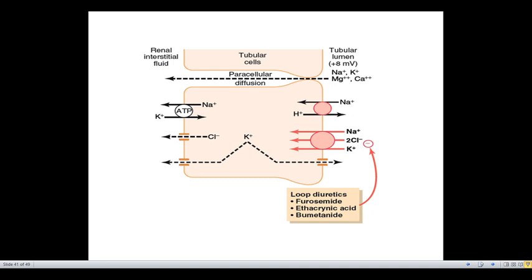transports these 3 ions from the lumen of the renal tubule into the epithelial cells lining the renal tubule, using the potential energy released by the diffusion of sodium down an electrochemical gradient into the cells.